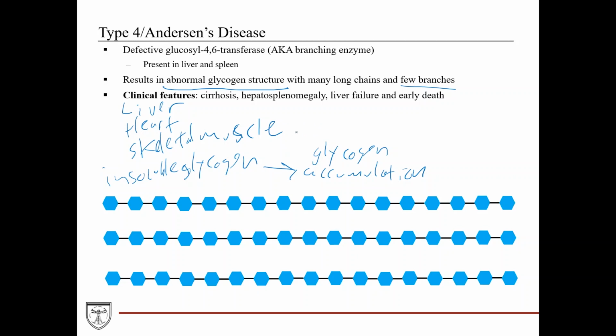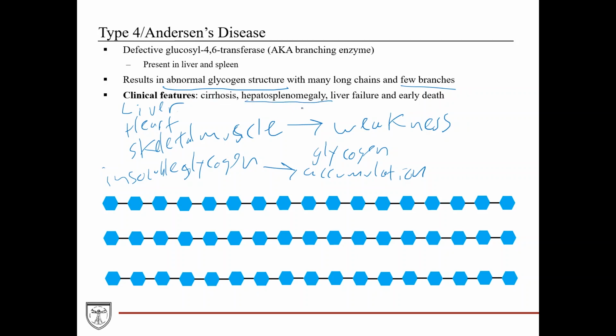And so with skeletal muscle, what you'll have is weakness, because by building up this glycogen, you severely limit the function of the organ that's affected. So for skeletal muscle, you have weakness. And then for the liver, you'll obviously have liver enlargement due to accumulation of these glycogen stores. So that'll lead to hepatosplenomegaly.